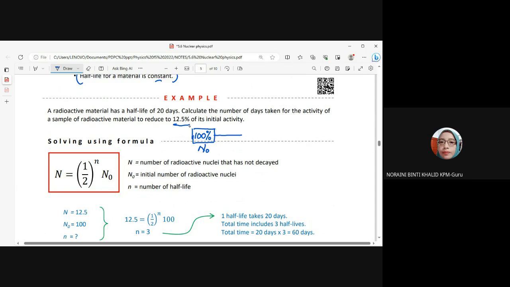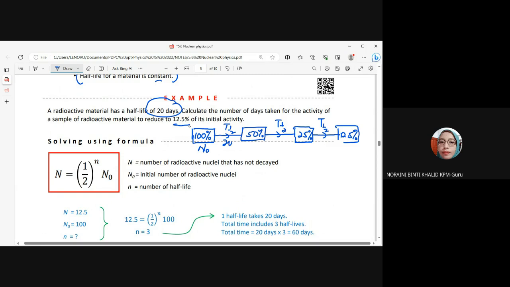After one half-life, it will become 50%. After another half-life, it will become 25%. Another half-life, it will become 12.5%.